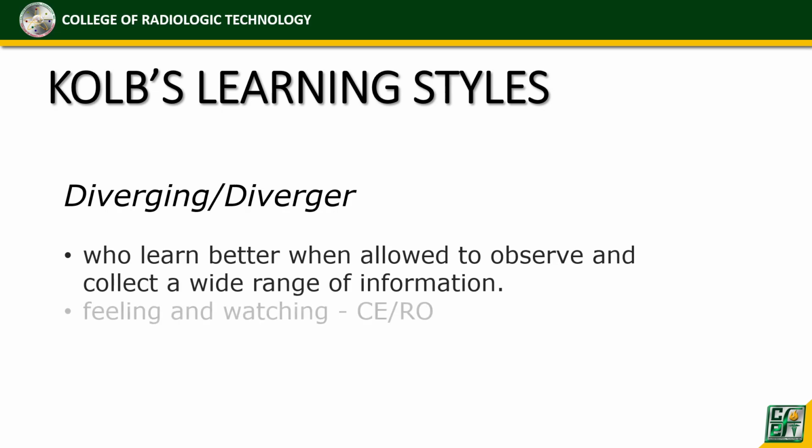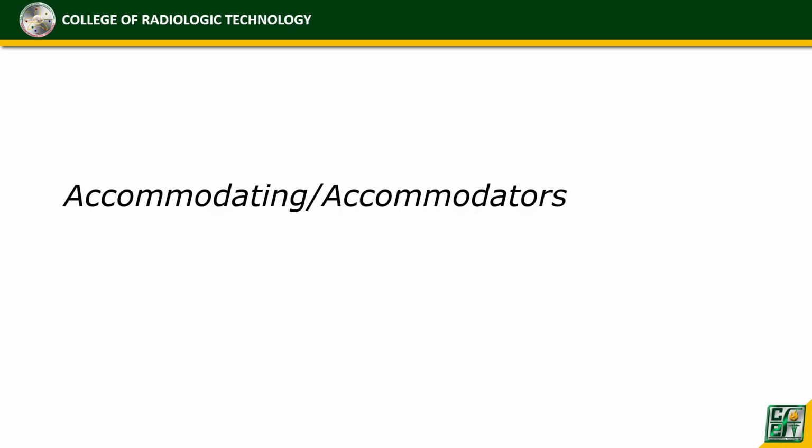So, diverger: feeling and watching. Kung i-apply natin dito yung 4 stages, ito yung concrete experience and reflective observation. Feeling yung concrete experience, the actual experience. Then watching, of course, observation.